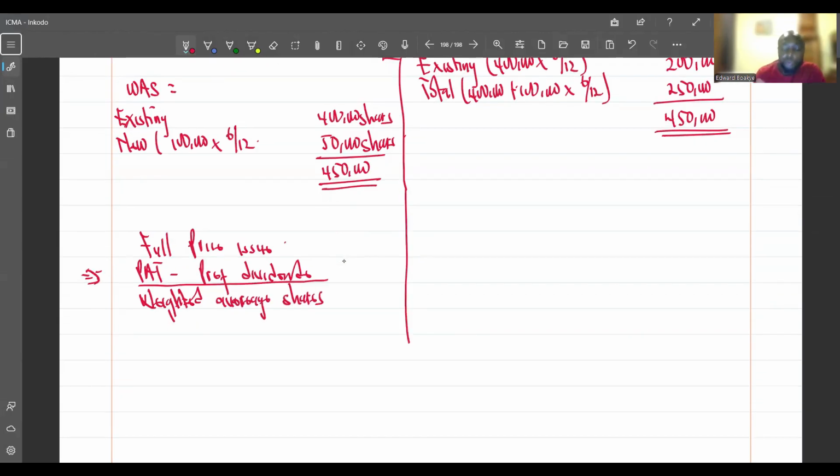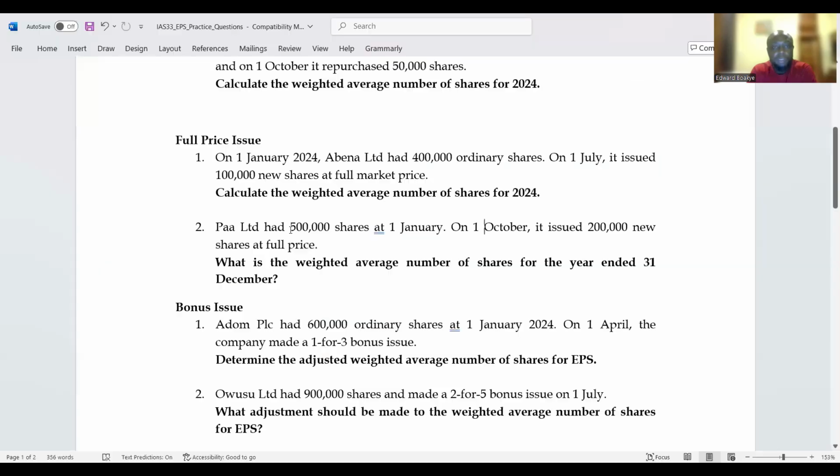So let's go on again and calculate the weighted average shares. With this Par Limited, it was 500,000 shares in January, and then in October it issued 200,000 new shares at full price. So let's deal with the weighted average shares.